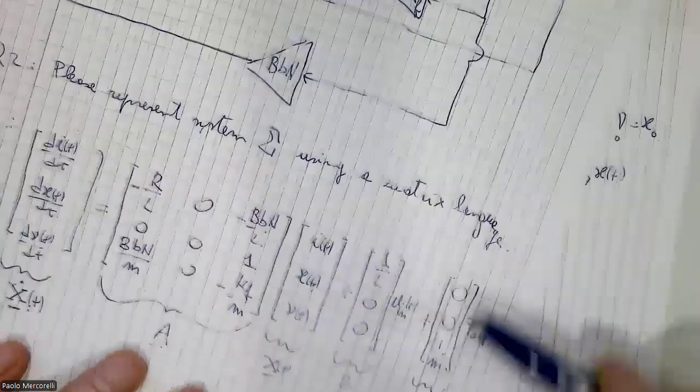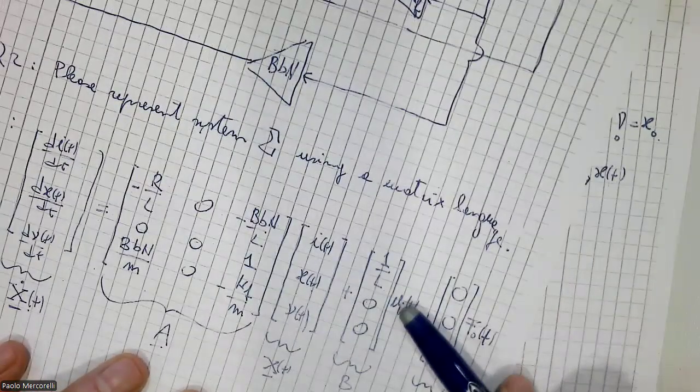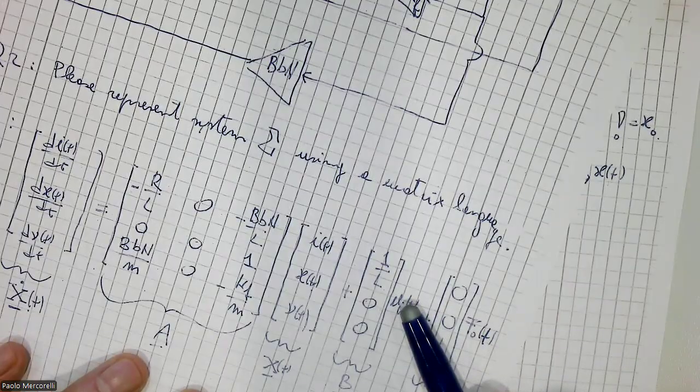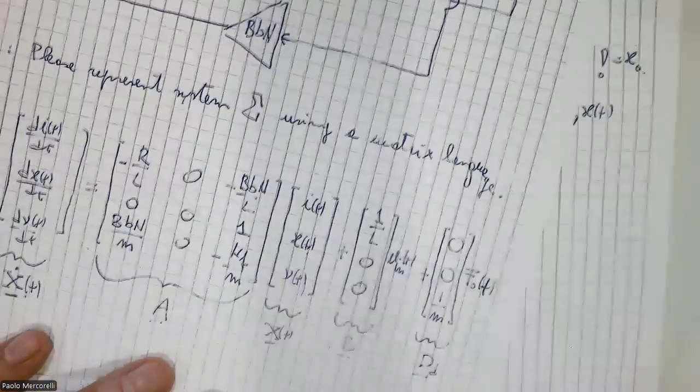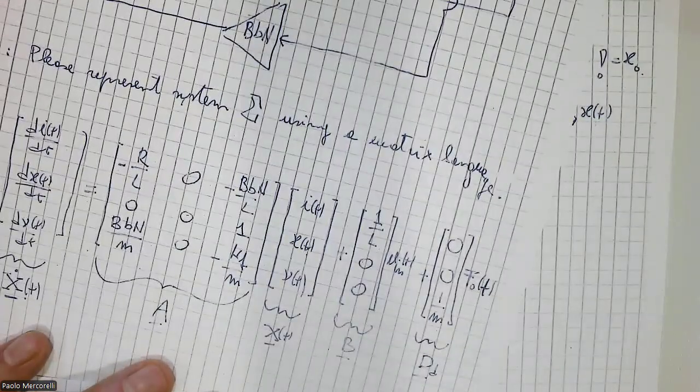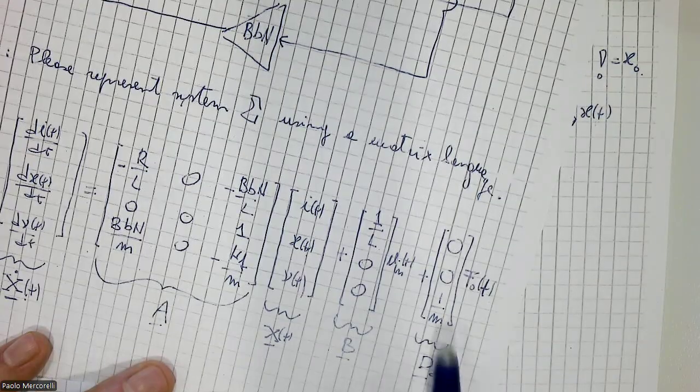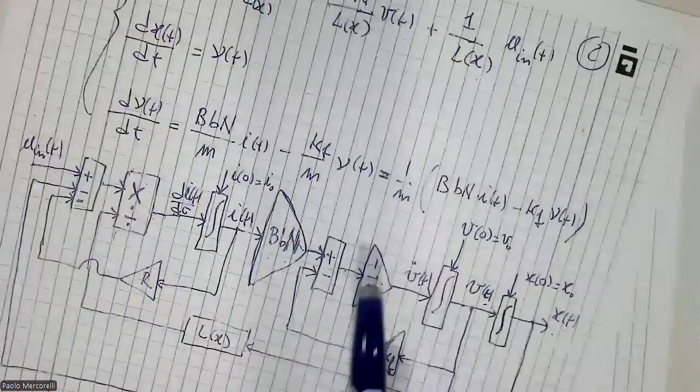Considering D, now we clarify A. This is easy because, similar to the input, the input appears in the first equation, the disturbance, the load of the actuator, appears in equation number 3, therefore 0, 0, 1 divided by m, you can see here.